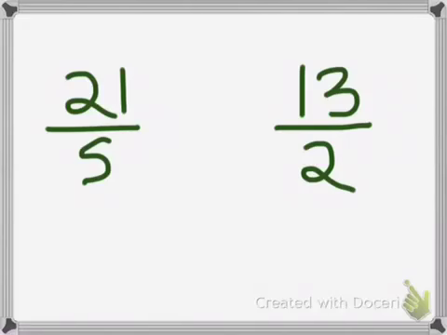So both of these fractions have numerators larger than the denominator. What that is really saying is 21 fifths, or 21 times 1/5. Or 13 halves. So if I had a half 13 times, if I had 13 of them, that is what that's saying there. And we'll look at more of that as we convert them here in a second.